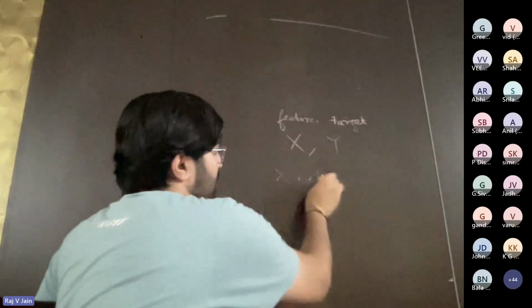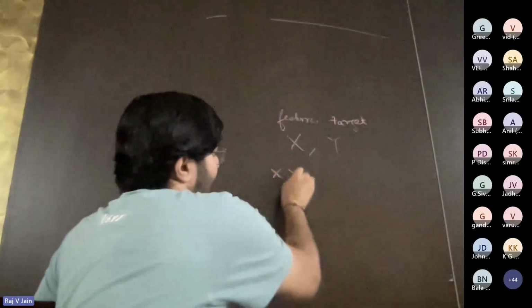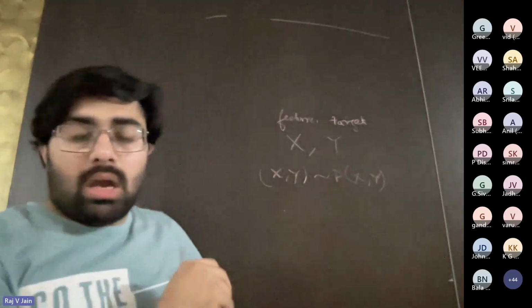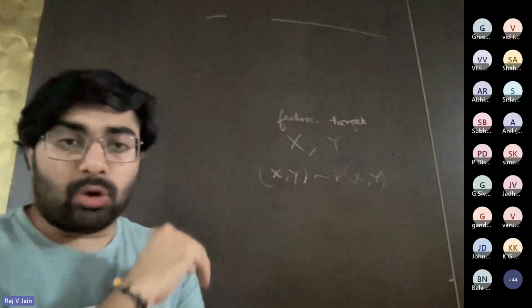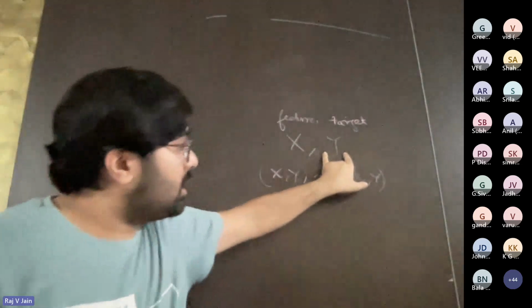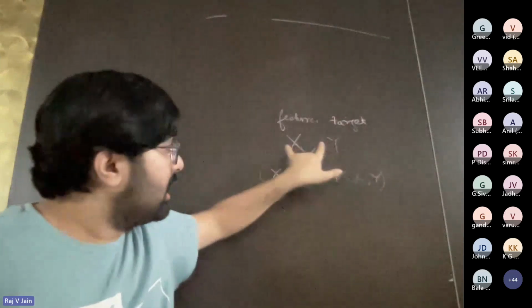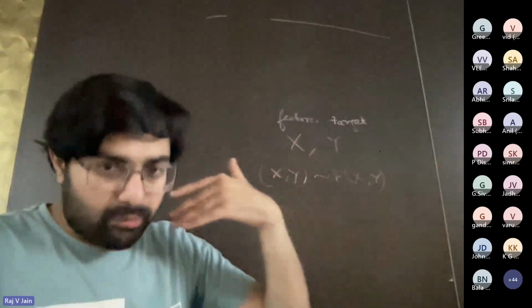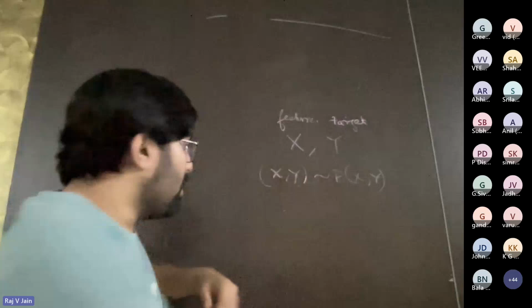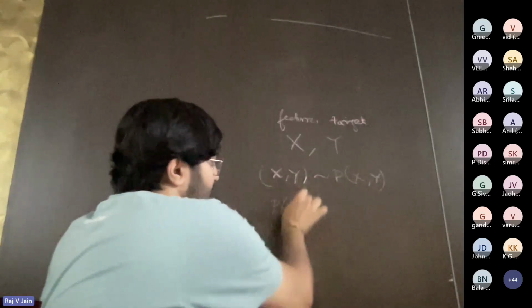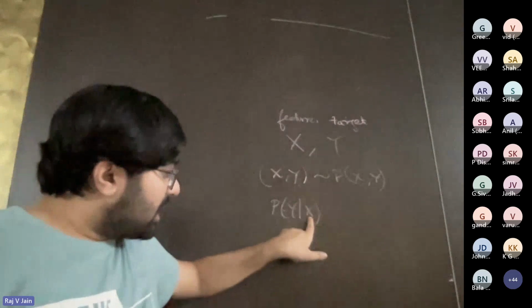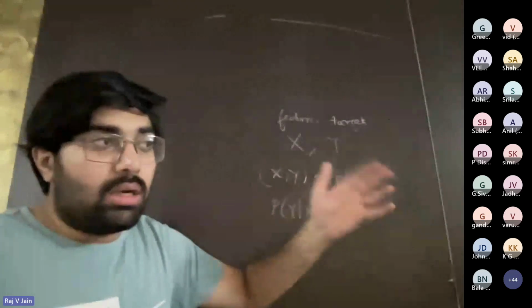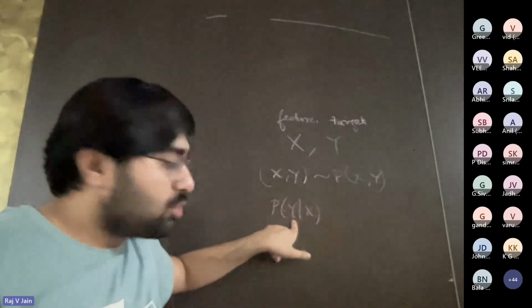More importantly, X and Y have a joint distribution, P of X and Y. Now what you want is to see what is the right target given a particular X, because you want to learn that function that goes from X to Y. So ideally what you want is Y given X. For a given X, what is the probability for Y to be some value? What is the distribution of Y for a given X?